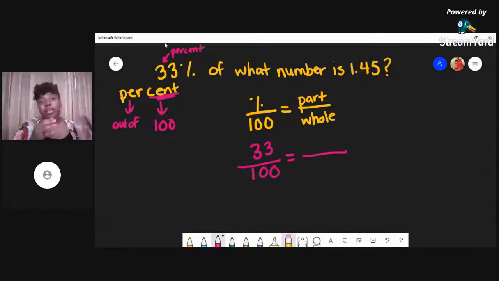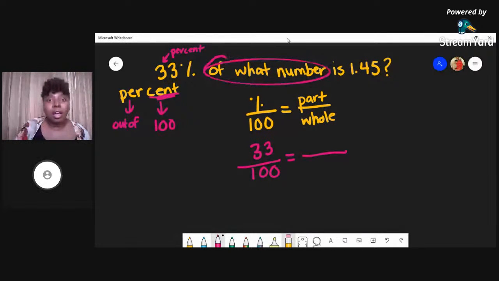Do I take 33% of the whole amount, or am I taking 33% of a part of something? 33% of the whole number. Good. I'm taking 33% of the whole amount.